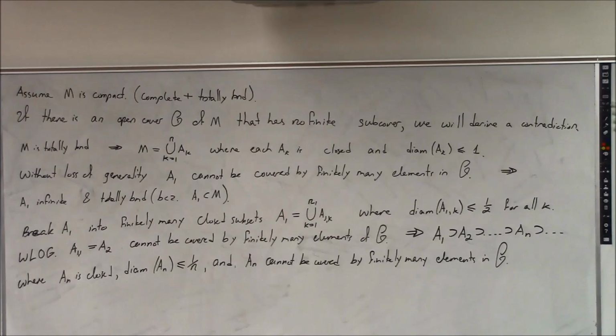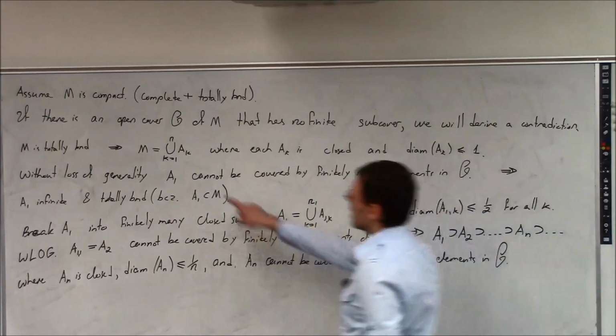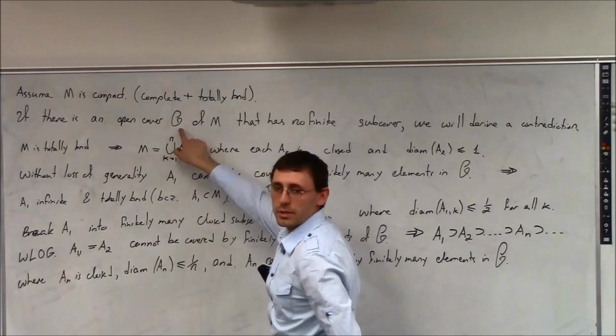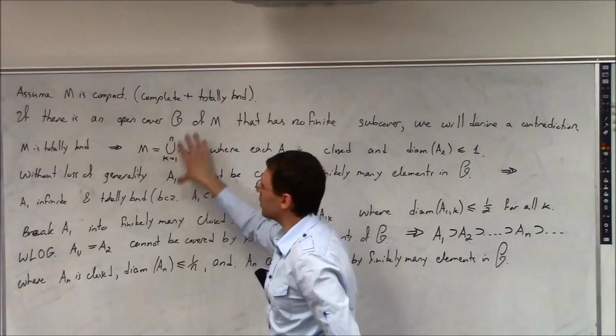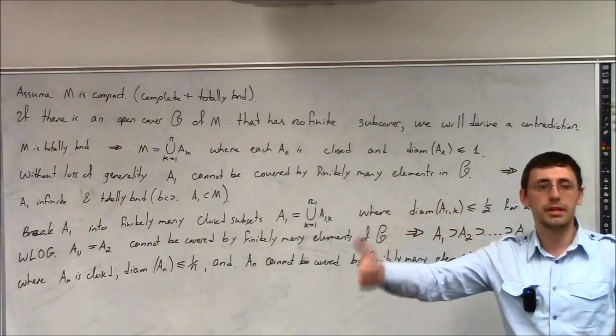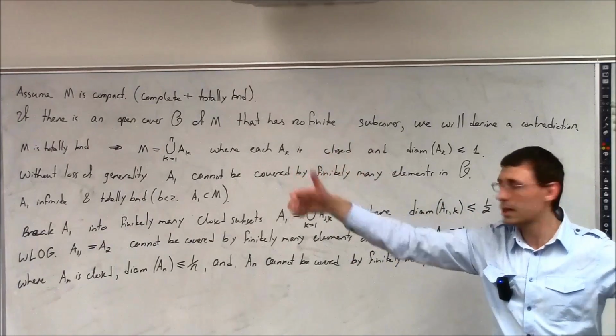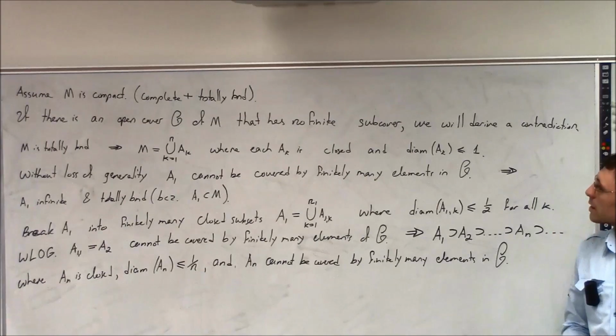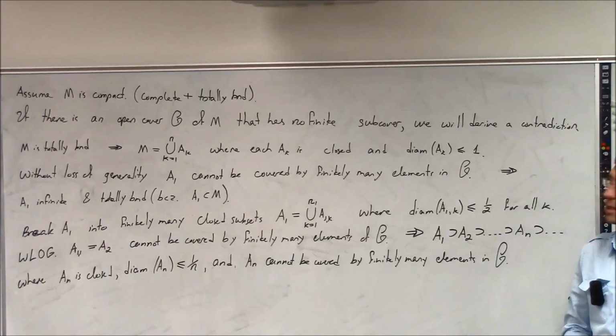Because there are finitely many pieces, one of those pieces is also not covered by G. Because if each piece needs only finitely many elements from G, then all of M will be covered by finitely many: finitely many for A_1, finitely many for A_2, A_3, etc. That would imply that M is covered by finitely many elements of G. We assume that's not the case, so one of them is not covered by finitely many elements.